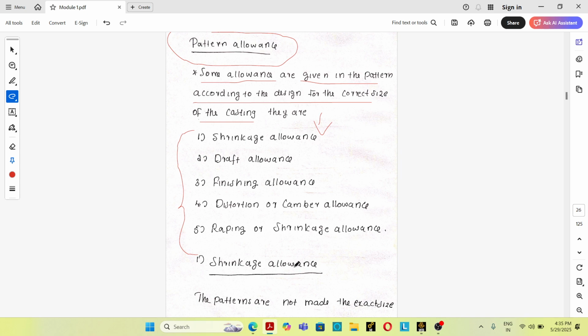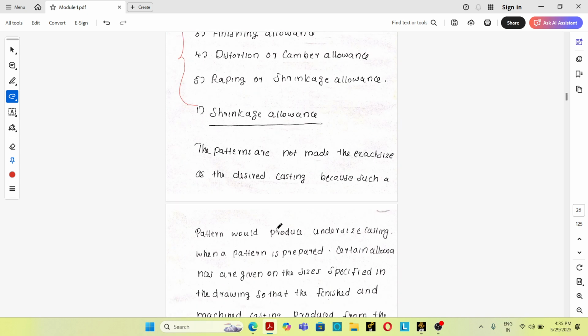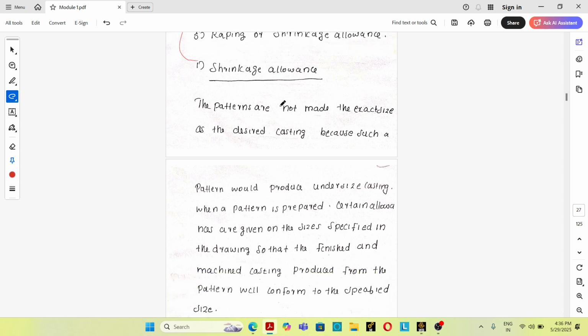So we can discuss one by one what is the meaning of each allowance. First one, shrinkage allowance. Before going to shrinkage allowance, what is the meaning of shrinkage? That's very important. Actually, shrinkage is a casting defect. During solidification of a casting, the liquid metal is transferred into solid state by liberating heat energy to the surrounding atmosphere.